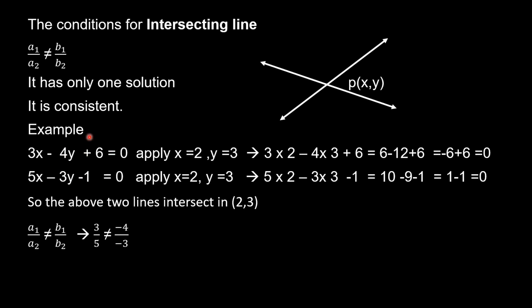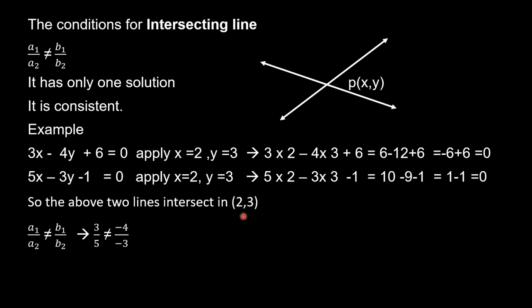If you take these two equations and solve them, you will get the coordinates (2, 3). These two lines will intersect at (2, 3). x equal to 2 and y equal to 3. If you apply x equal to 2, y equal to 3, this will satisfy both the equations.